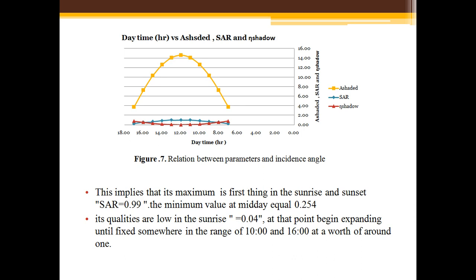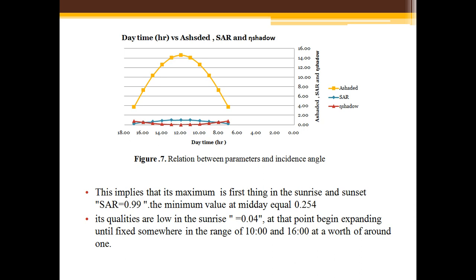It increases as it increases, and decreases as it decreases. This means that the maximum value is at sunrise and sunset, 0.99, and its minimum value is between 10 a.m. and 4 p.m., a value of about 0.